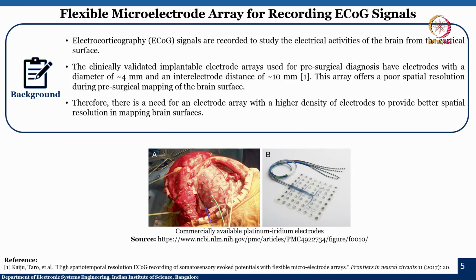Let us take up in the next class how to design this flexible microelectrode array for recording ECoG signals. ECoG, as I told you, is electrocorticography, signals taken from the brain.